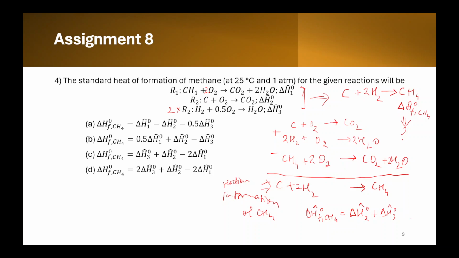And subtract this one, delta H1 not cap. So the correct relation is this. If you want to compute the heat of formation of CH4, it will be this relation here if these reactions are given to us. So the correct answer here is D part.